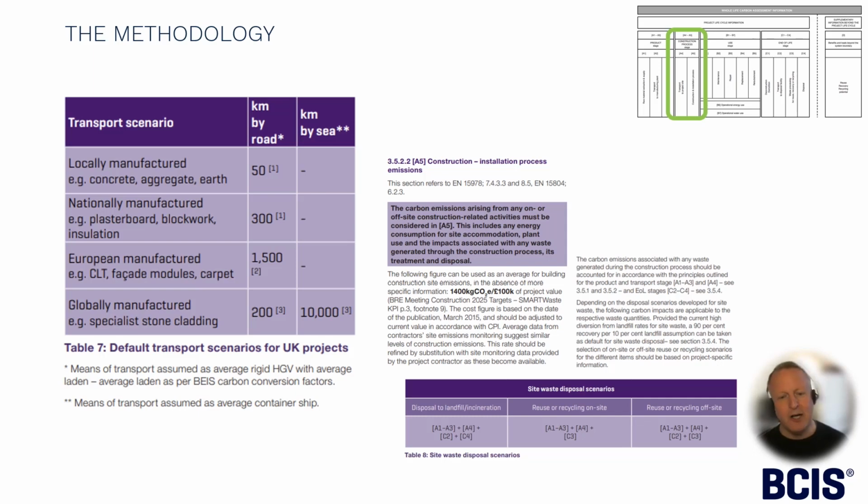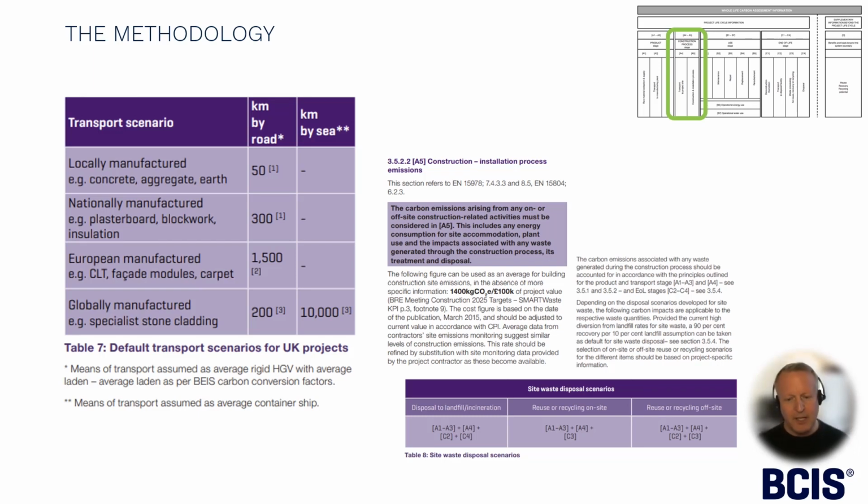Again, I'm of the strong belief that we really should be moving away from the averages, and as part of the estimating process, we should understand what bits need to be on site in order to install things. So we should really be using that level of information, because it could have a significant bearing in terms of the solutions that we're going for.